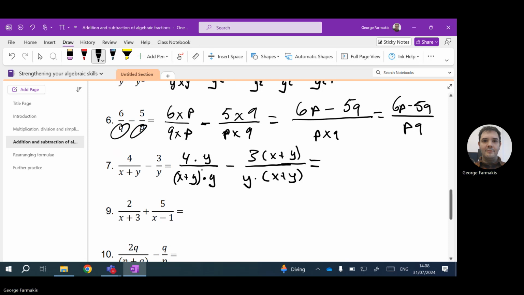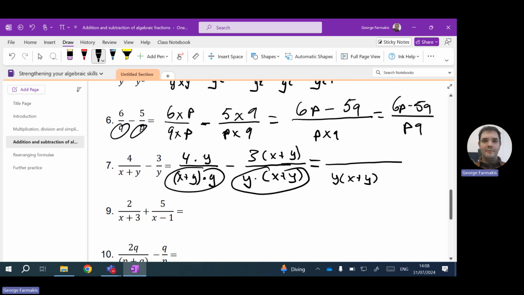So now again, we have the same denominators. So I can just write it as y times x plus y. And then we just subtract the numerators. So we have 4y minus 3 times x plus y.